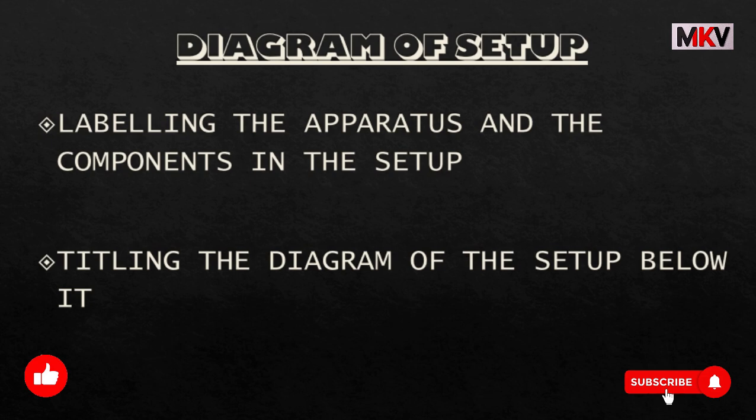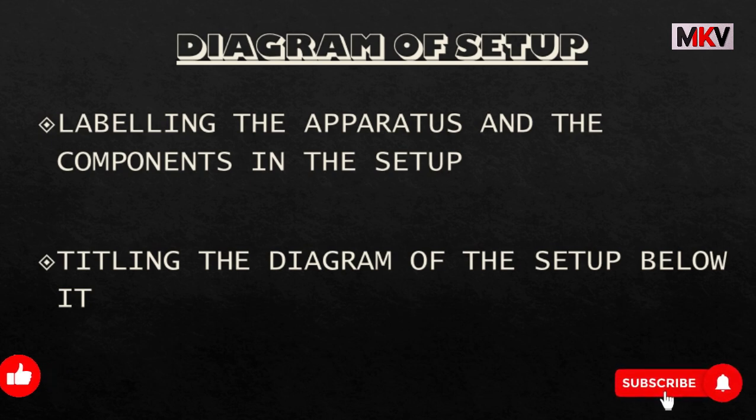You label them, telling us the names of the apparatus in the setup that you are using. And also note the diagram of setup is supposed to be titled, with the title given below the diagram. It shouldn't be on top, as in the table of values. For the diagram of setup, the titling is down. So you are supposed to note that for the diagram.